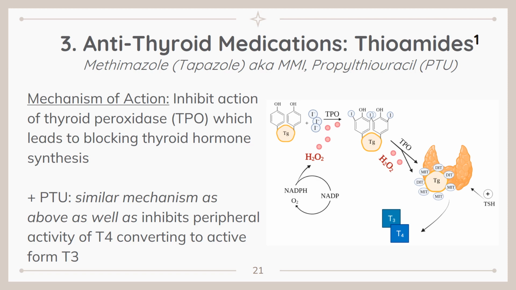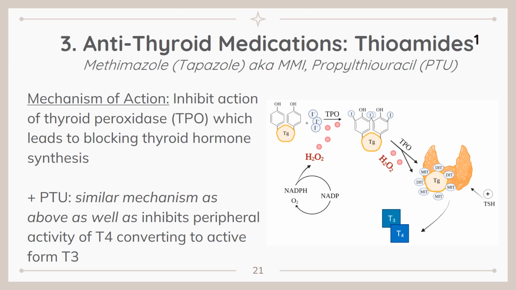Another treatment modality for hyperthyroidism would be the anti-thyroid medications. One of the classes is called thioamides. There are two of them in this class: methimazole, also known as Tapazole or MMI, and the other one is propylthiouracil or PTU. They have a similar mechanism of action of inhibiting the action of TPO, which leads to the blocking of thyroid hormone synthesis overall.